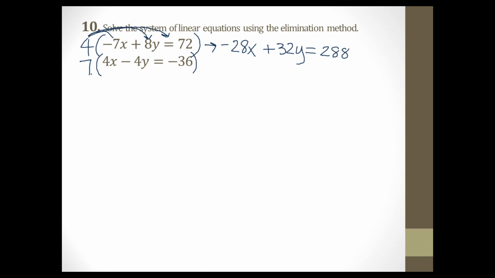So now we're going to do the second equation. 7 times 4x is +28x. 7 times -4y is -28y. And then 7 times -36 is going to be -252.